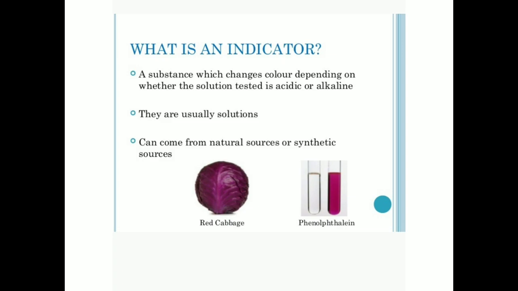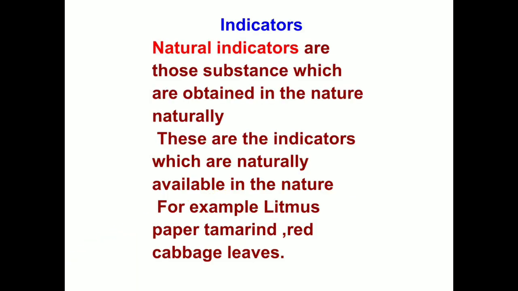Now think, I have two test tubes. One test tube with the acid, another test tube with the base. And now you have to identify which is the acid and which is the base. You can't taste it, you can't smell it, you can't touch it, right?